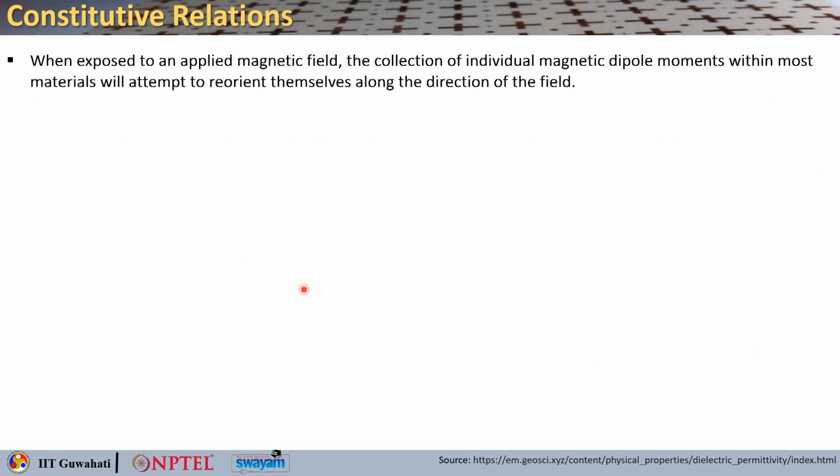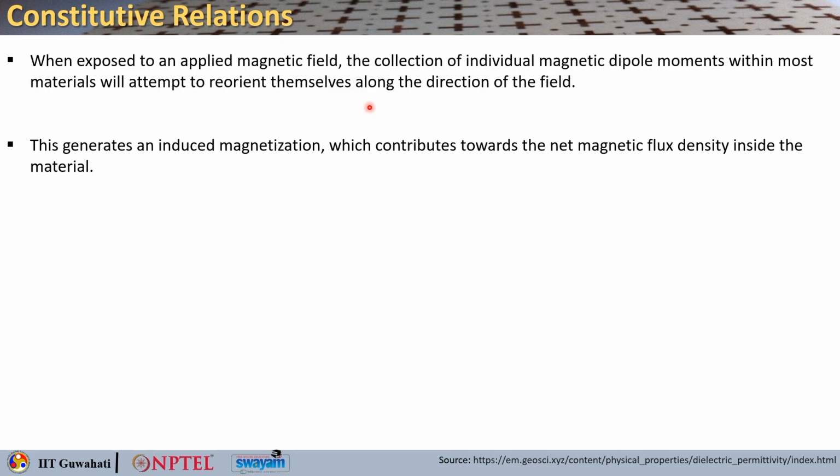Similarly, when you expose any material to an applied magnetic field, the collection of the individual magnetic dipole moments within most materials will attempt to reorient themselves along the direction of the field.